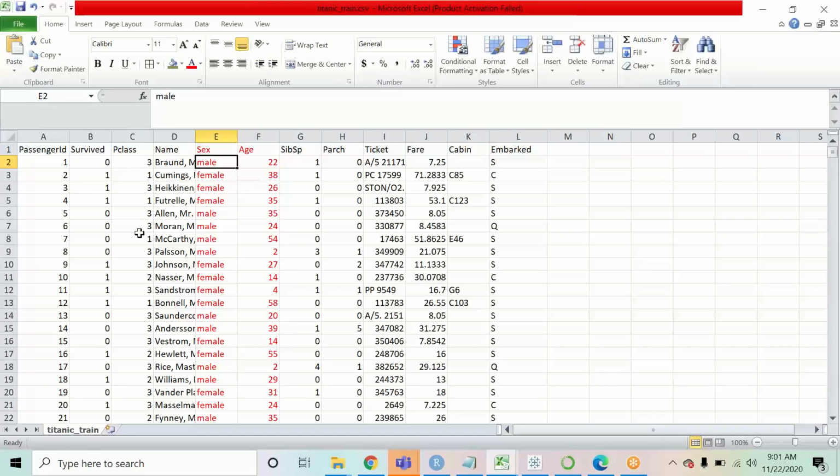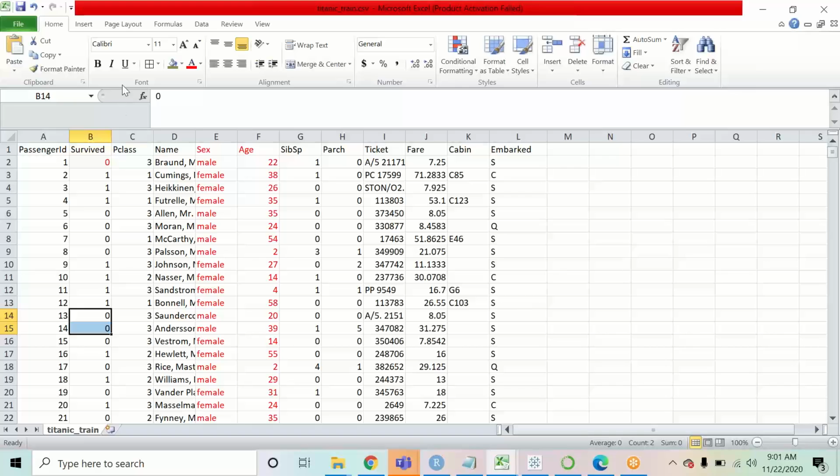If you see, 0 means died and 1 means survived. If you see a male of 22 years, I can see from the data he died. He's a young male, right? Everywhere you see young males, they are mostly dying. See the pattern; these are the patterns that these models try to identify.